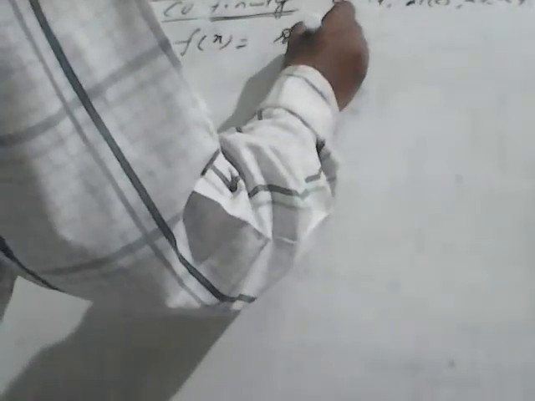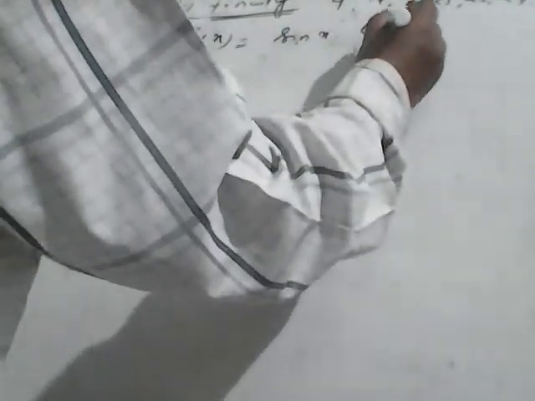f(x) is given as sin x into cos x. First you calculate, let A belongs to R. You can write for all A belongs to R, meaning A is any real number you take.